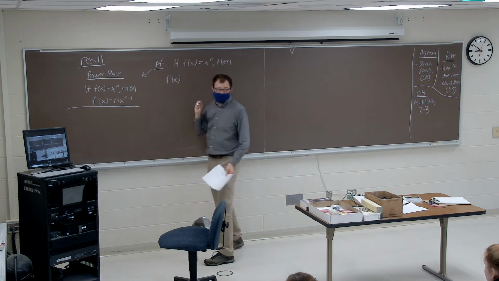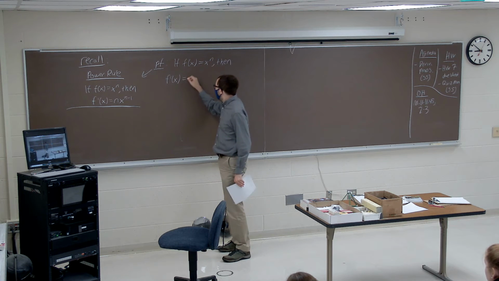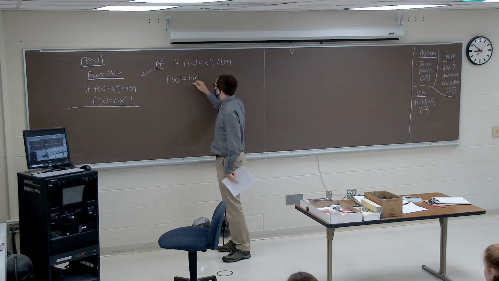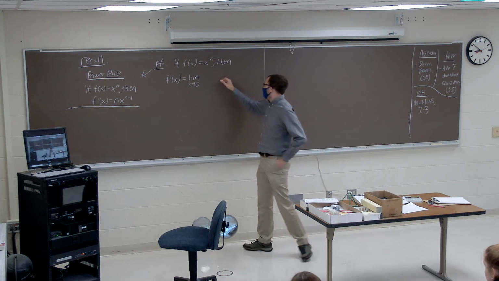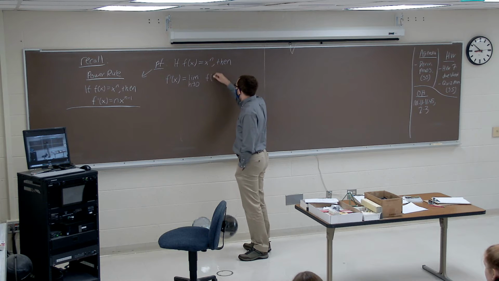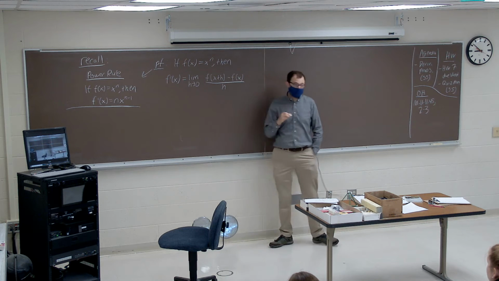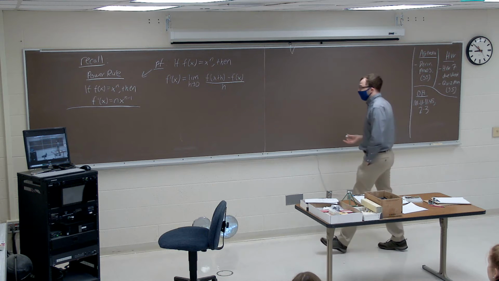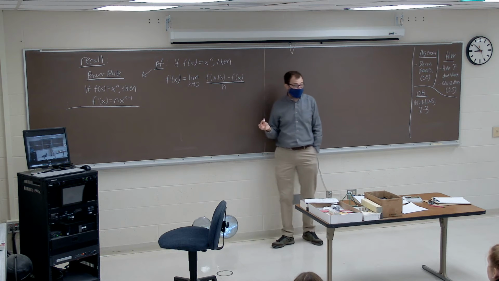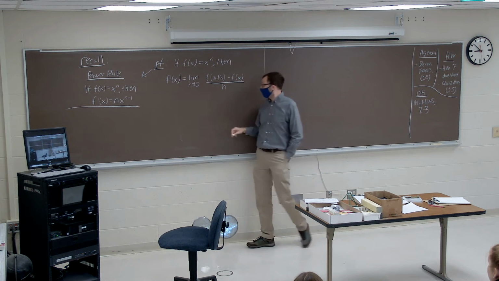If we were to use the limit definition, it's going to be a limit as h goes to 0 of the expression f of x plus h minus f of x all over h. That was kind of our definition on the front page of how we compute the derivative of an arbitrary function f of x.